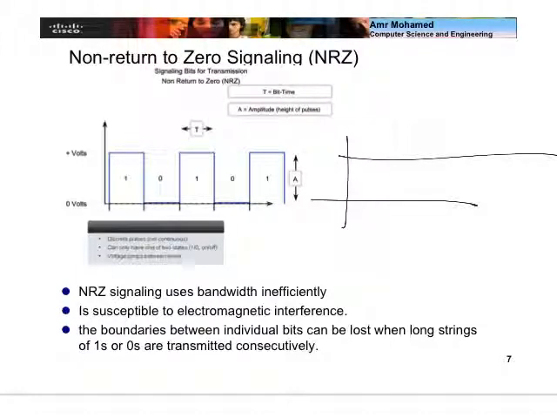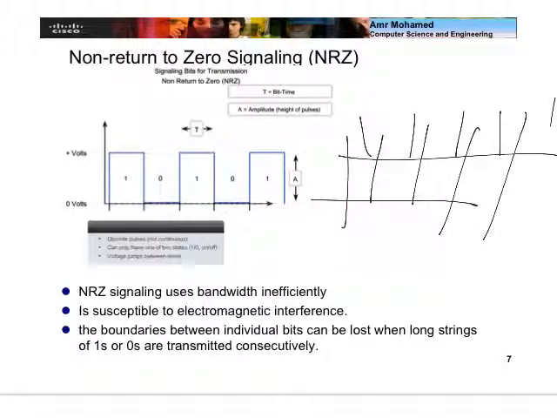So it's very hard for the receiver to recognize where the boundary of each bit is. So you can actually decode 5 ones or 4 ones as 3, or 5 ones as 4, because the boundaries of the bits become very hard to recognize, right? Because it's a continuous signal, right?